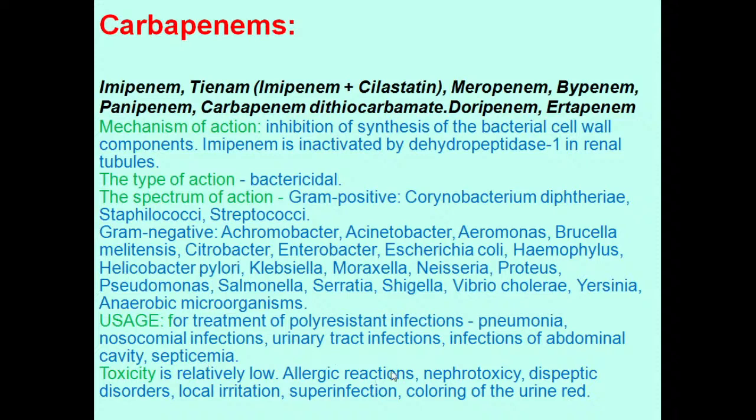Among side effects are allergic reactions, nephrotoxicity, dyspeptic disorders, local irritation, superinfection, and coloring of urine red. While using these antibiotics, a patient can see red-colored urine. It's not a problem; after the end of treatment, this manifestation is over.